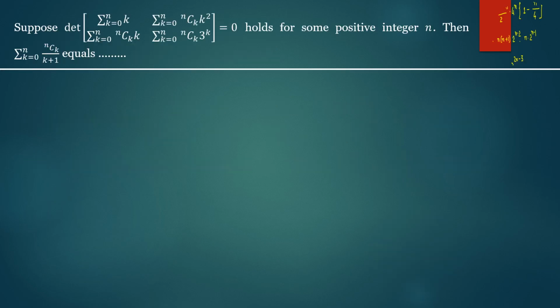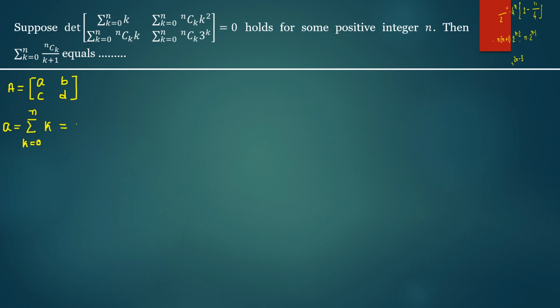Let's go ahead. So first, we consider the matrix A whose elements we consider as A, B, C, and D. Where A is actually equal to the summation of k for k equal to 0 to n, which is nothing but the sum of all elements.